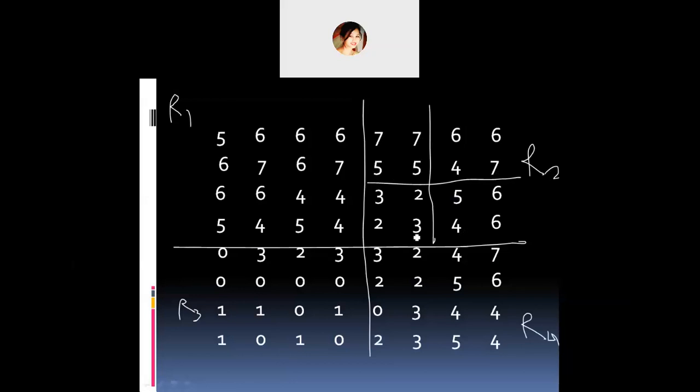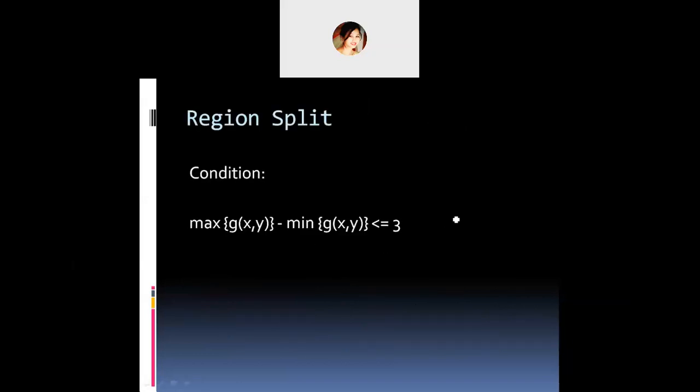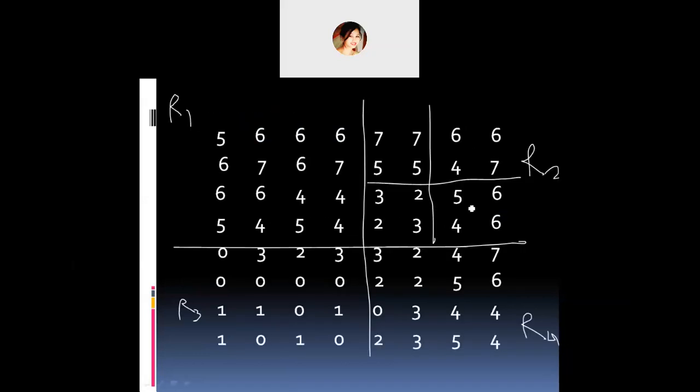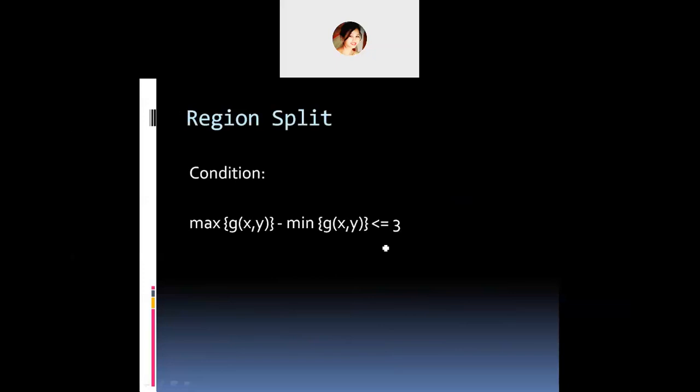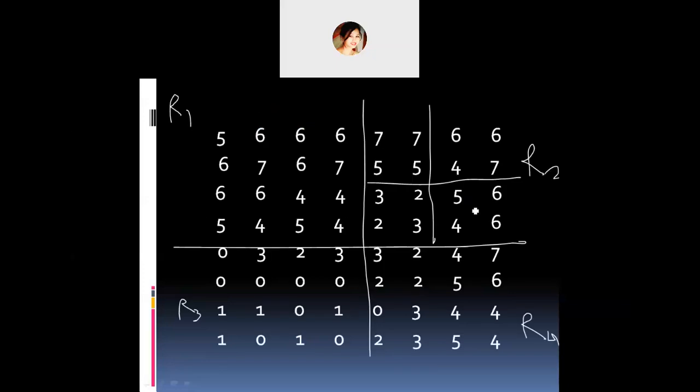So 7 minus 5 is 2, 7 minus 4 is 3, 3 minus 2 is 1, 6 minus 4 is 2. So this region, after splitting, has satisfied this condition. Unless and until the regions satisfy this condition, you have to keep on splitting.